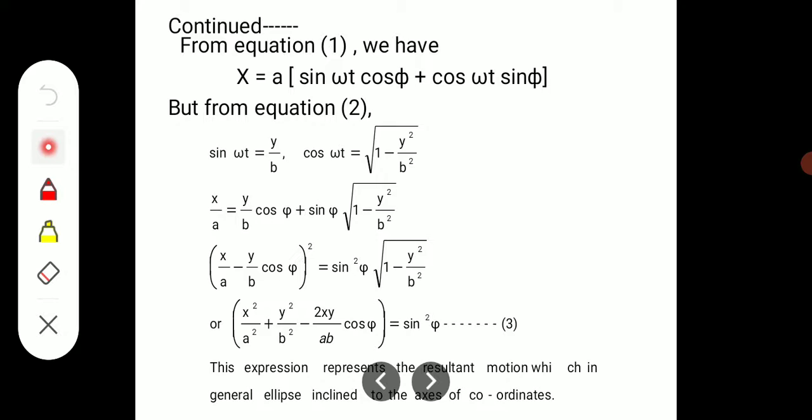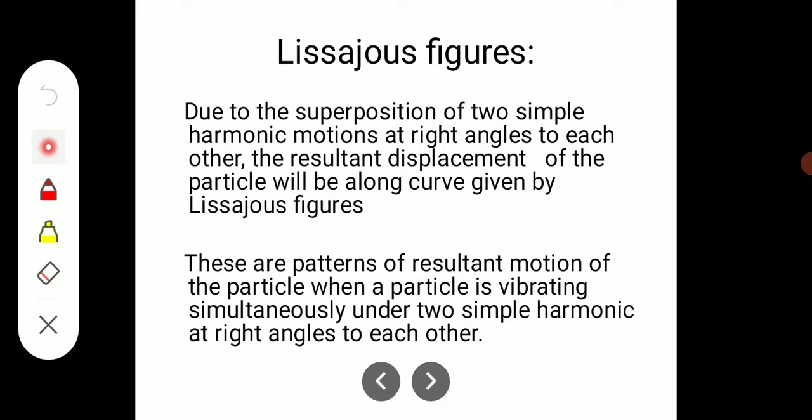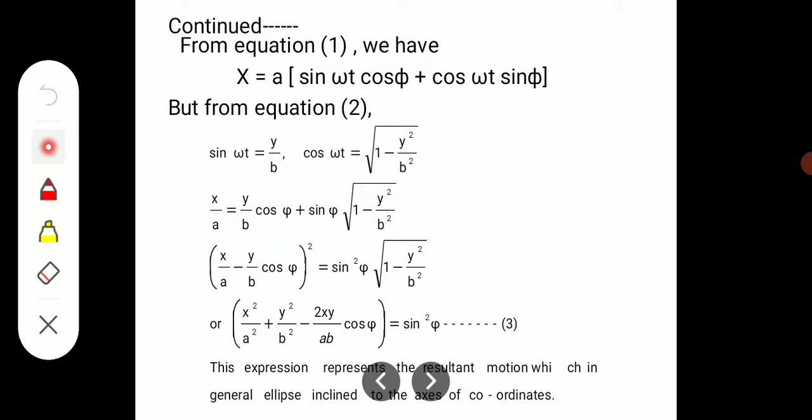After simplification, we get x square by a square plus y square by b square minus 2xy by ab cos phi is equal to sine square phi. This expression is the resultant motion, which is a general ellipse on the axes of coordinates. So this is the equation of the ellipse, which depends upon the angle phi.